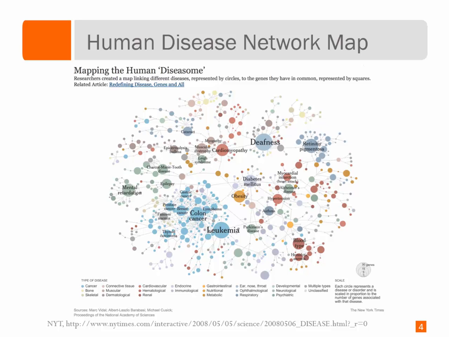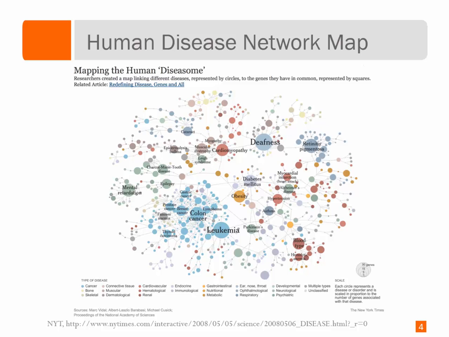Down at the bottom, we can use the legend to help us understand the type of disease class that each of these is involved in, or related to, or labeling. As well, we have a scale.